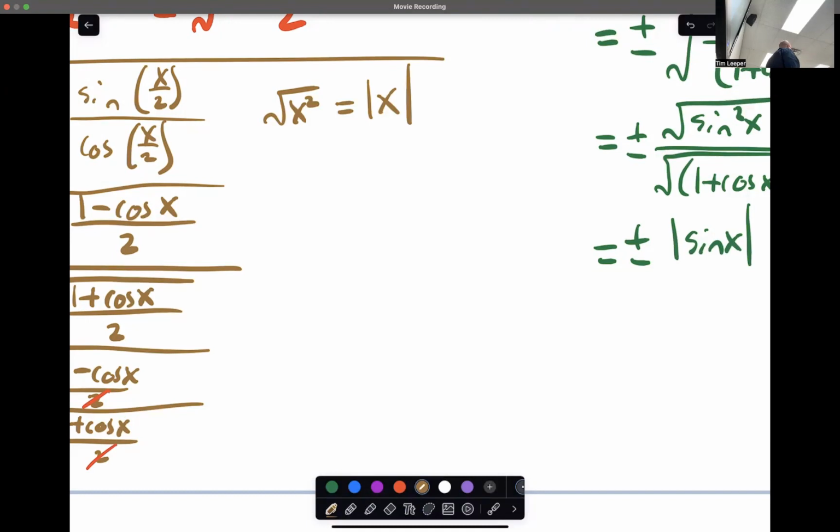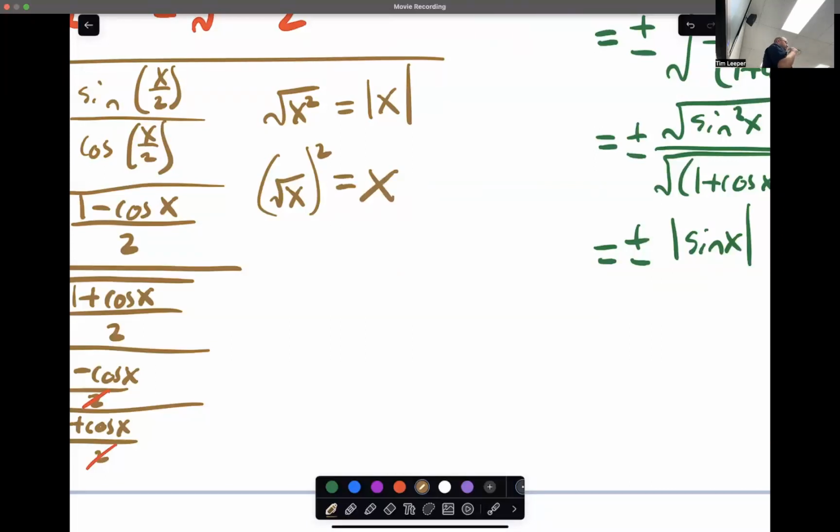We don't emphasize that very much. In other words, the reason for that is because what if x was -2? -2 squared is 4. Square root of 4 is 2, right? Not -2. So if you're taking the square root of something squared like that, that will give you the absolute value of x. Now, if it was the other way around, the square root of x being squared, that does give you x.